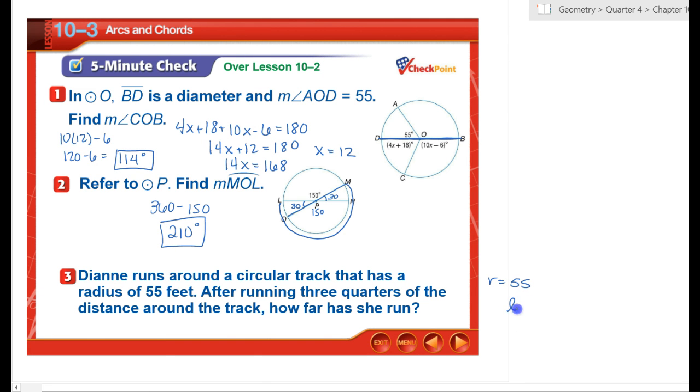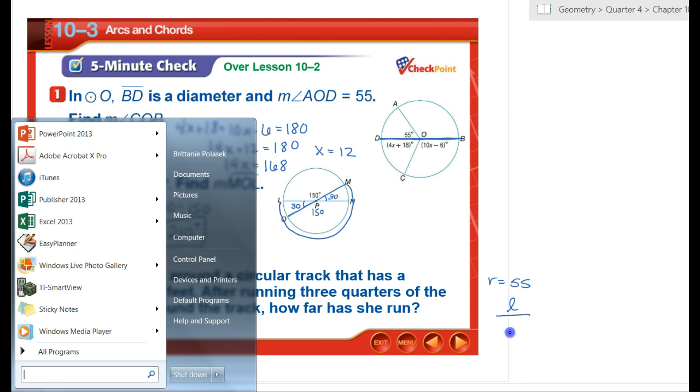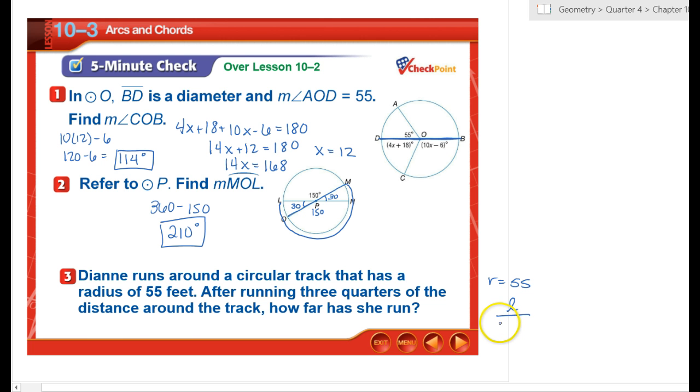So the length over circumference, 2 pi r, equals x over 360, where x is my degrees. Well, she ran 3/4 of the track. So what is 3/4 of 360 degrees?